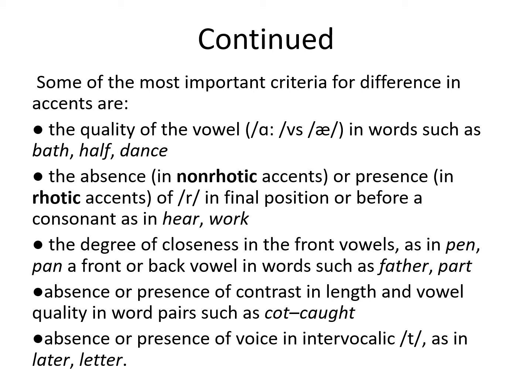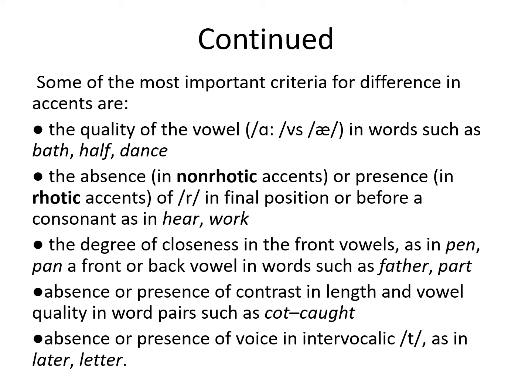Whereas Americans pronounce the R sound, whether it's in the final position or before a consonant. That's why they call it rhotic, right? Or rhotic accent. Here or work, they pronounce the R sound clearly.